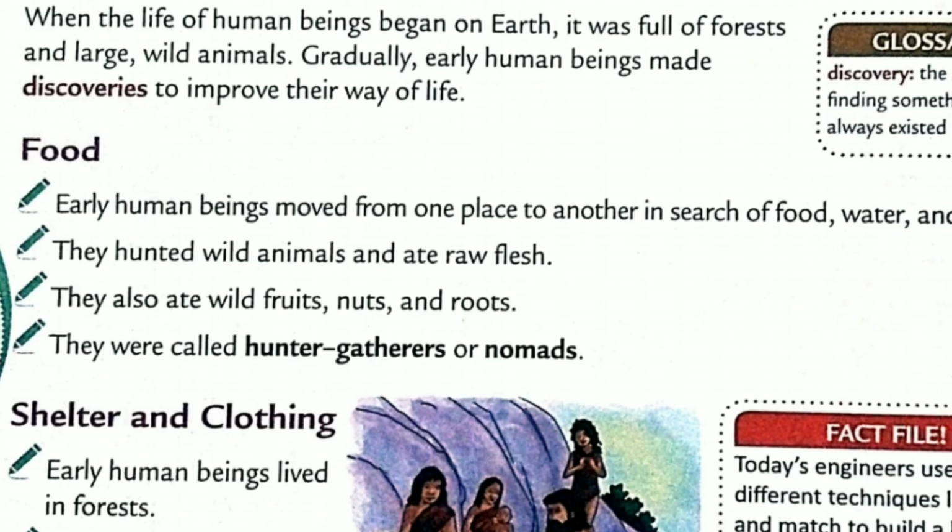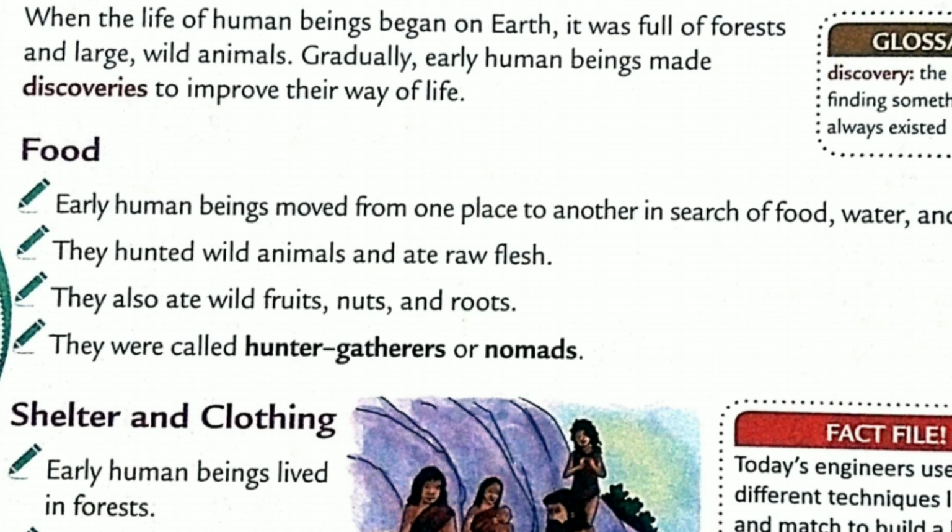They hunted different types of animals and ate the raw flesh. They also ate wild fruits, nuts, and roots. They were called hunter gatherers or nomads. Nomads means wandering from one place to another.